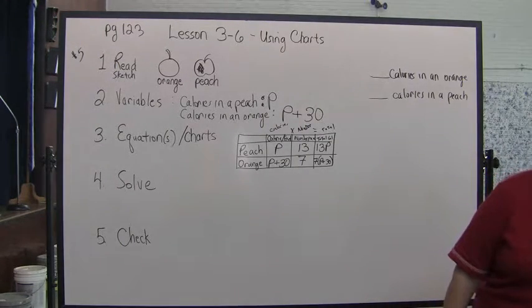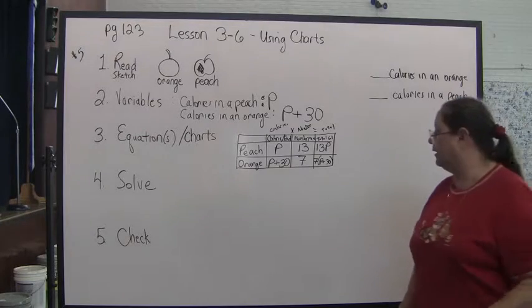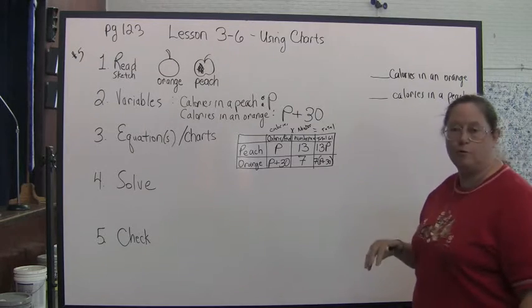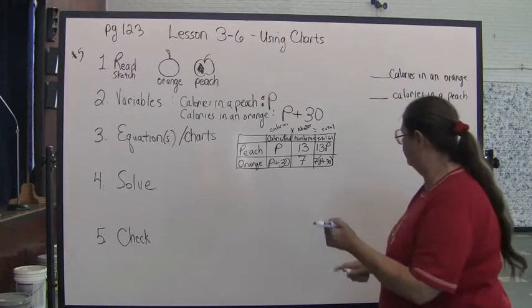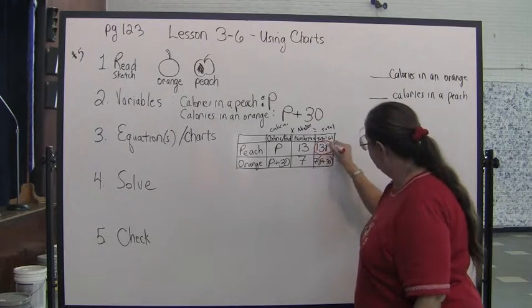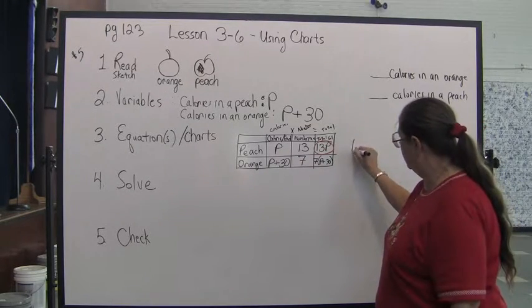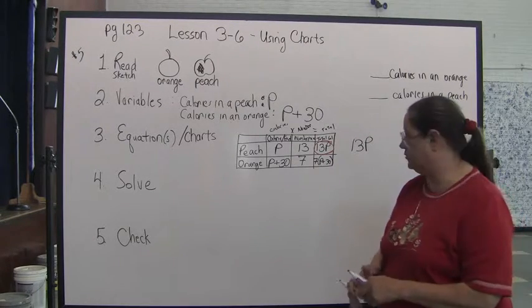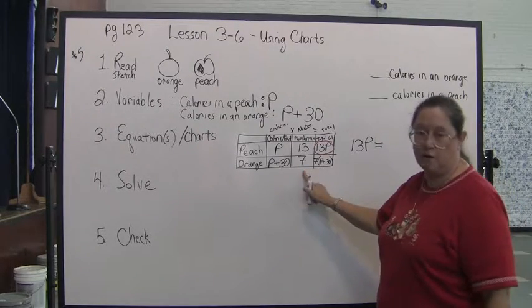It says that 13 peaches have as many calories as 7 oranges. So we have 2 things that are equal. The number of calories in 13 peaches, that's right here. And so our equation is going to be the number of calories in 13 peaches, our book tells us, is equal to the number of calories in 7 oranges.